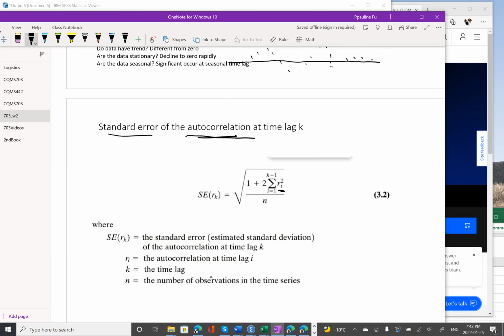And why do we need this standard error? Because we want to calculate the confidence interval estimate. When you estimate using the confidence interval, you need this standard error. So this is the formula.